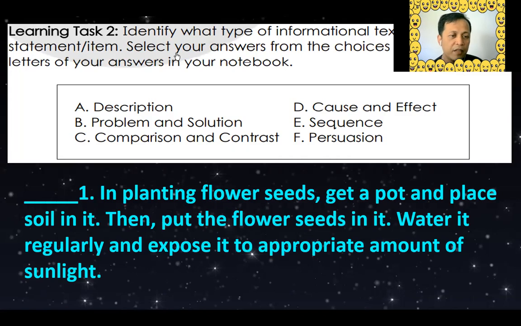For question number 1, in planting flower seeds, get a pot and place soil in it. Then, put the flower seeds in it and water it regularly and expose it to an appropriate amount of sunlight. What kind of informational text is that? The choices are given above.